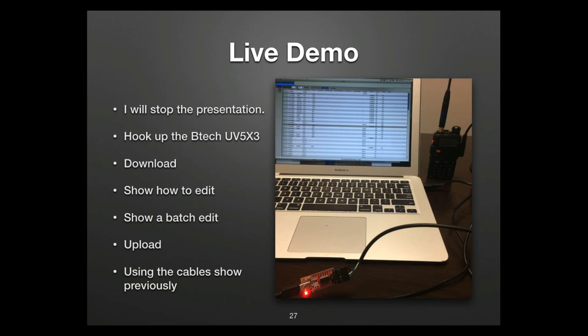Mike, you can probably unmute yourself and kibitz as I'm doing stuff and suggest stuff for me to do. Otherwise I'll just do whatever I feel like, and maybe this way we can make it a little bit more interactive than me just showing some stuff. So give me a second here to launch CHIRP.